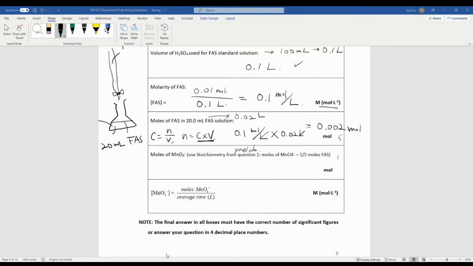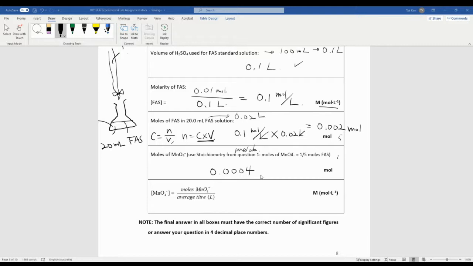Once you do it, let me just use a calculator because I don't want to make any more mistakes. So I have 0.0004 moles. So that is the number of moles of permanganate in this situation. Finally, you need to calculate the concentration of your approximately known permanganate.